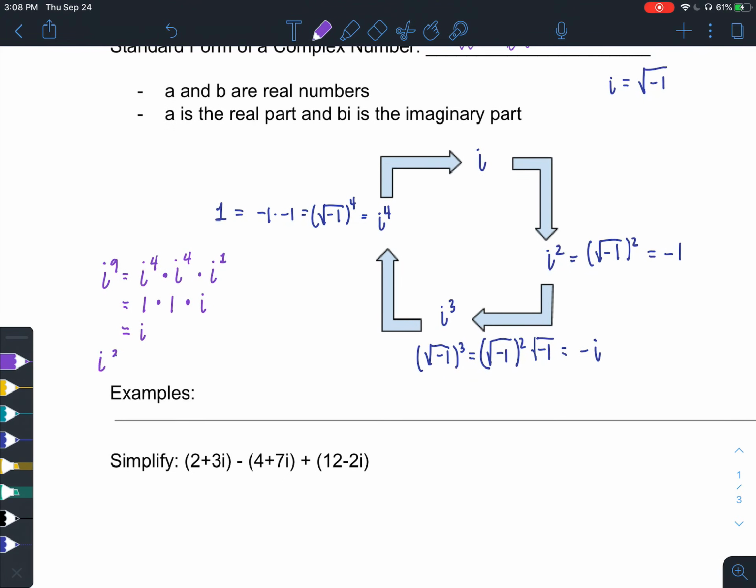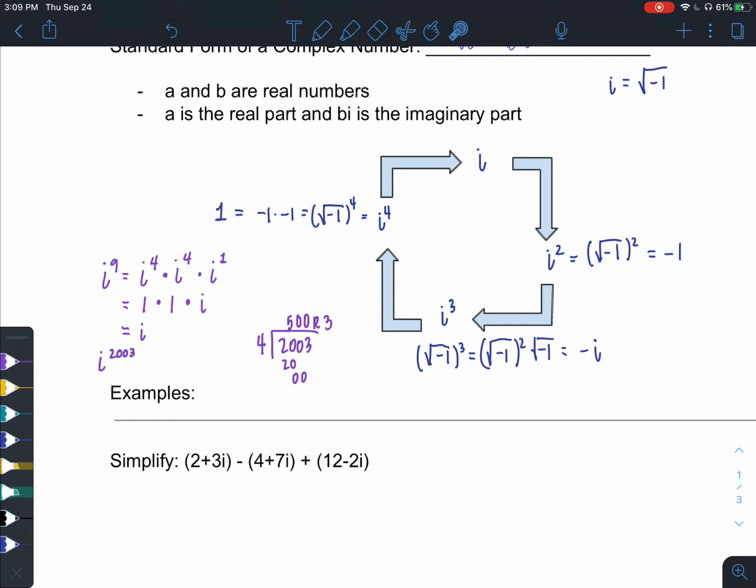So if we have something like i to the 2003, the way that we would do that is we would just do 2003 divided by 4. So this is going to give us 500, remainder 3.